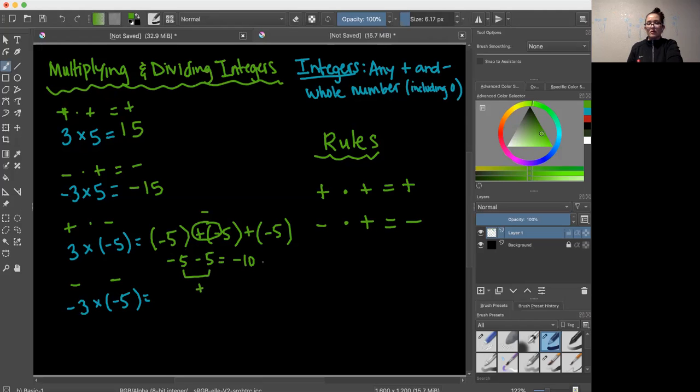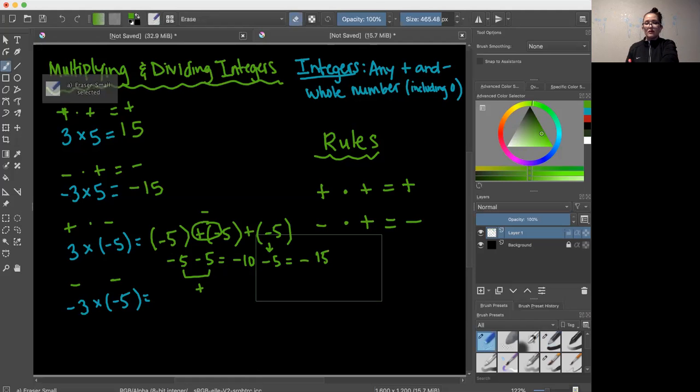And the more we subtract, right, if we bring this number down, the more we subtract, the more negative it's going to be. So 10 and 5 make 15. If I were to subtract again, it's just going to get me more negative, right? So let's go ahead and erase this.